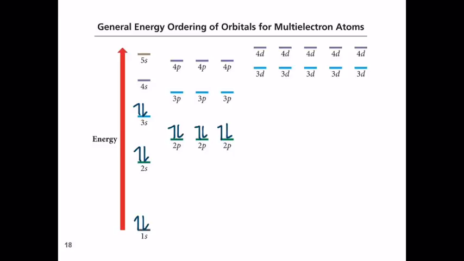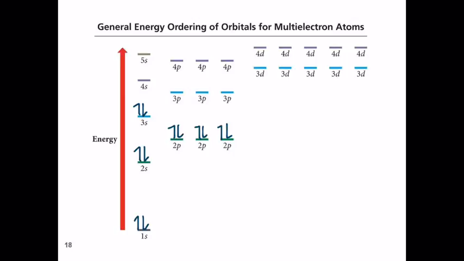We should have an idea. The penetration and shielding are what account for this splitting. But what we just need to remember is what the order is. And so we get the 3s, 3p, 4s, 3d, and then the 4p comes in, and then the 5s, and it gets all jumbled up, right?